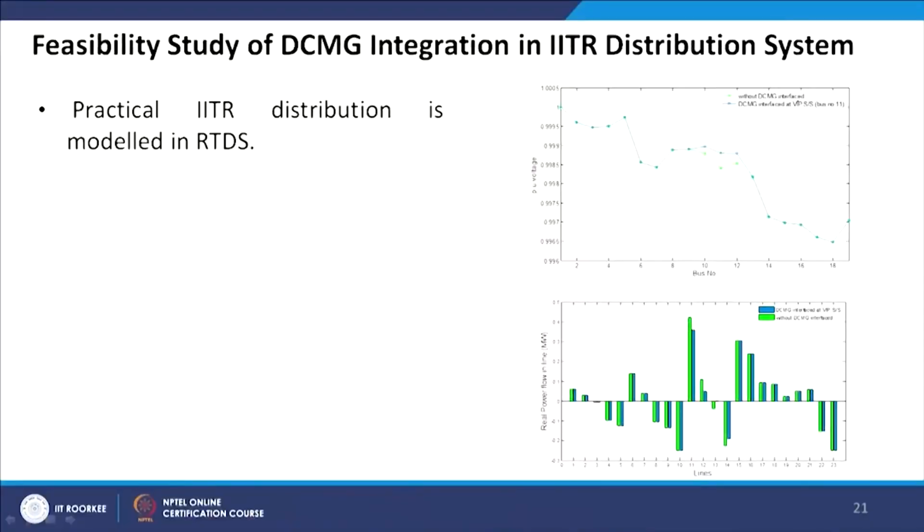You can see, without the DC microgrid and with the DC microgrid interface, the different voltages at different buses of the network, and it has been felt that having the DC microgrid interfaced, certainly we can improve the voltage profile of the system.